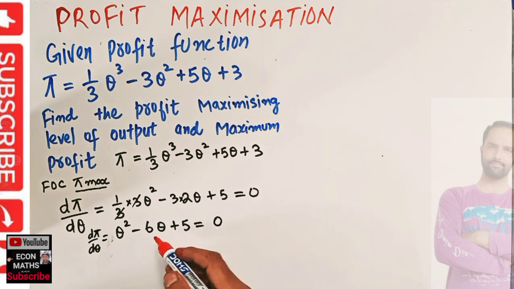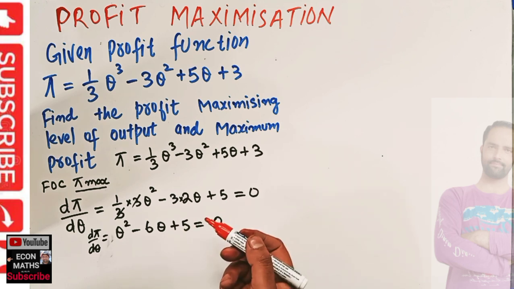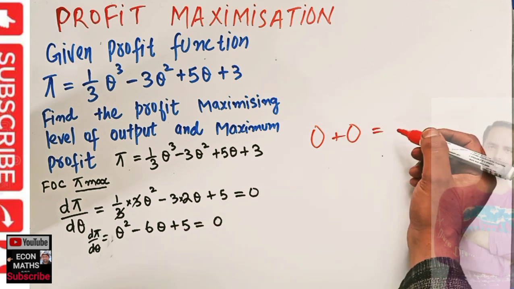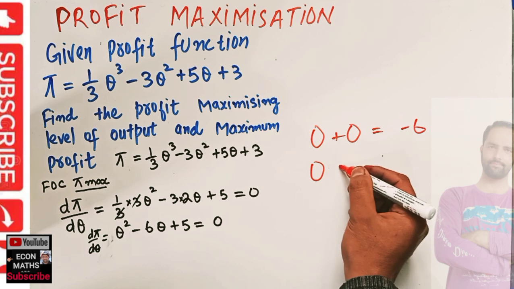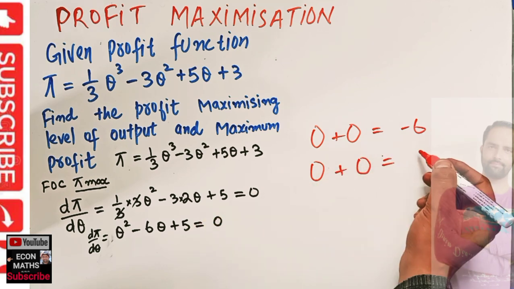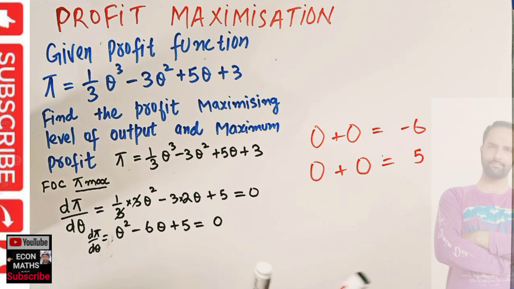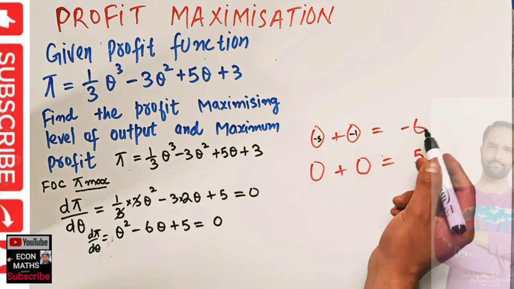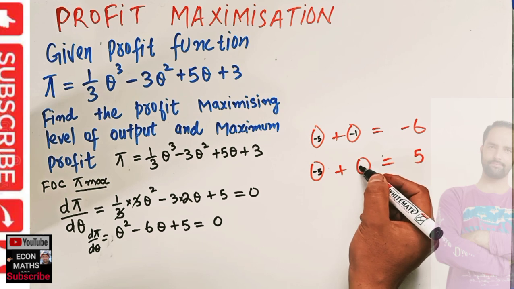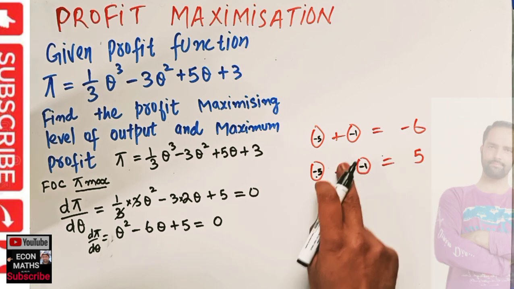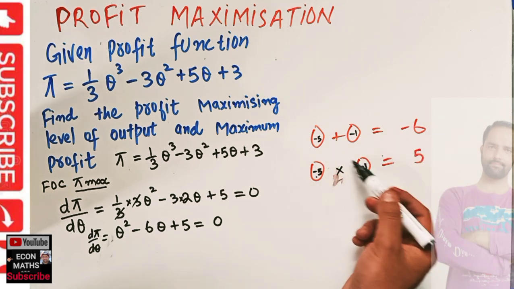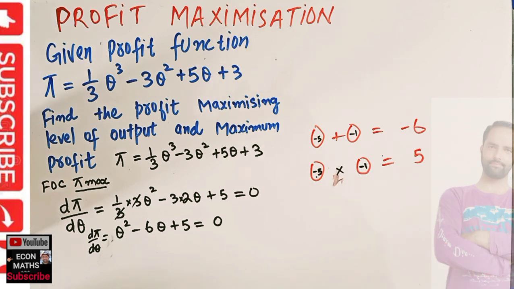Since this is in the standard quadratic form, we should get two numbers such that their sum is equal to -6 and their product is equal to the constant term. If we write -5 and -1, then -5 plus -1 is -6, and -5 into -1 is +5, since minus into minus is plus. So the sum of the two numbers is -6 and the product of the same two numbers is 5.